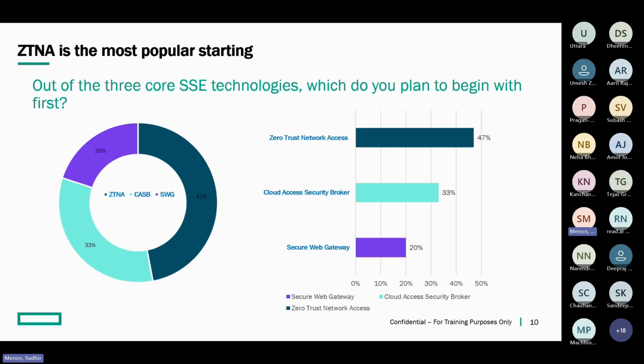So this is industry data from Cybersecurity Insiders. ZTNA is the most popular. This has nothing to do with what HP has been talking about. As I mentioned, ZTNA is the most popular starting point for the SSE approach in today's technology. SWG has almost become a commodity.